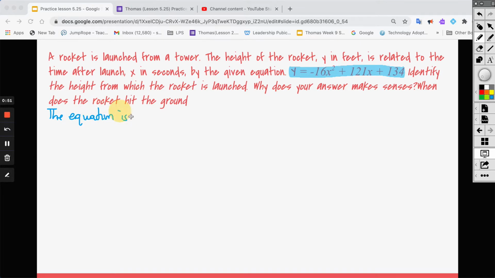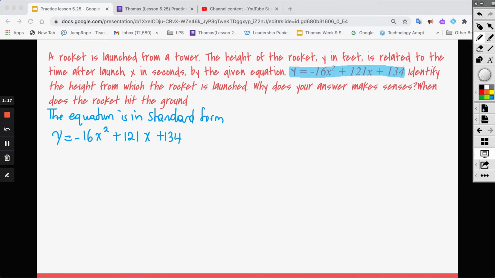That's a good thing. So y is equal to negative 16x squared plus 121x plus 134.